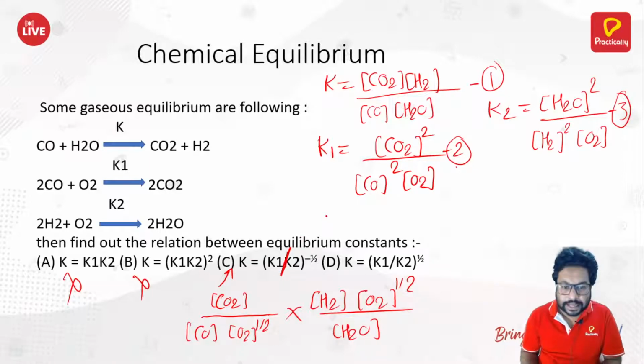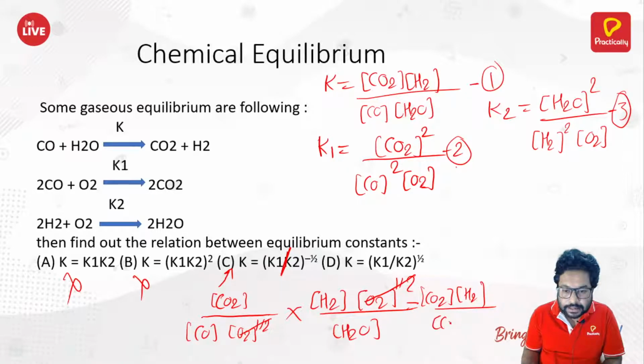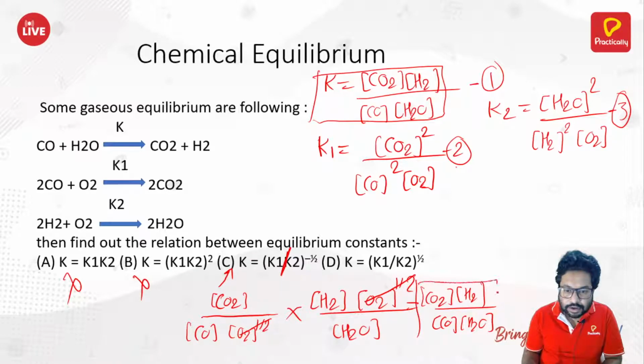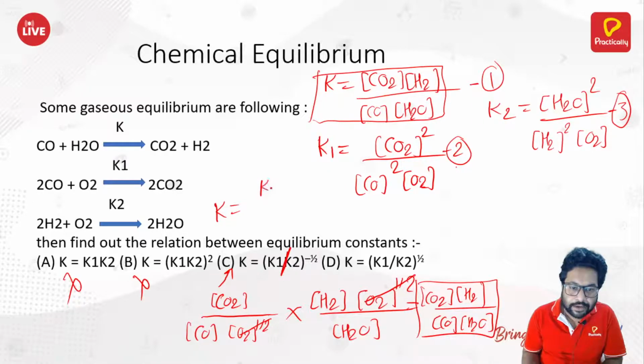Taking the square root of H2, that means H2. So you can see here, this O2 raised to 1 by 2, O2 raised to 1 by 2 gets cancelled. And what we are remained with is CO2 H2 divided by CO and H2. And this equation is equal to K. You can see here, this is a K. This is also K. That means your K has to be K1 divided by K2 under root 1 by 2.